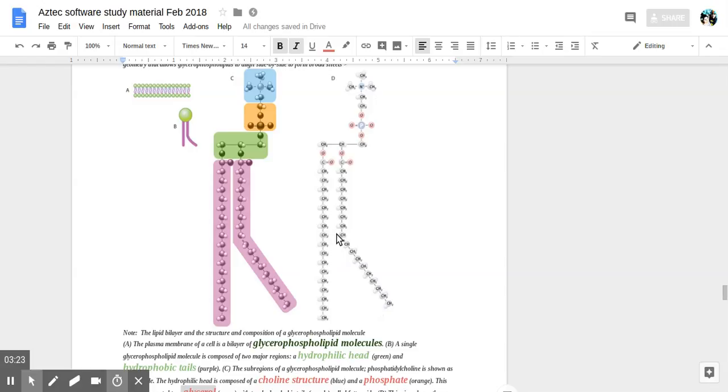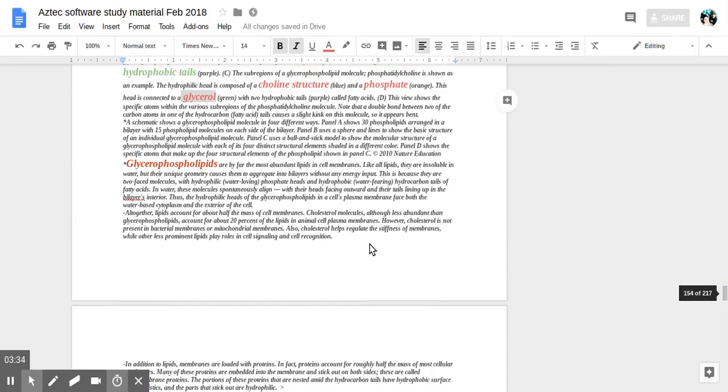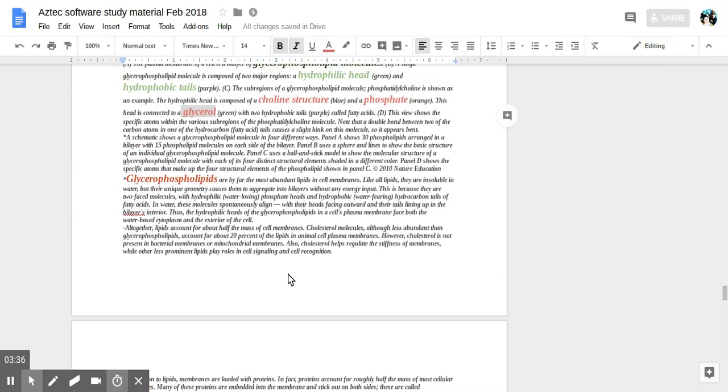And a double bond over here on one of the fatty acid tails causes a kink or an asymmetry in the tail. But when they align, they're all the same shape.